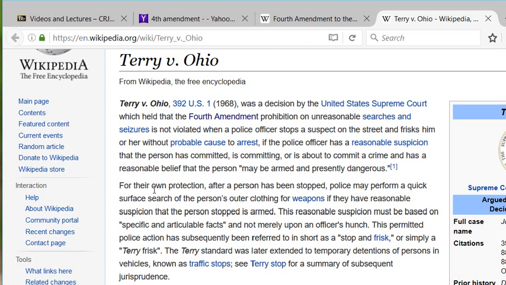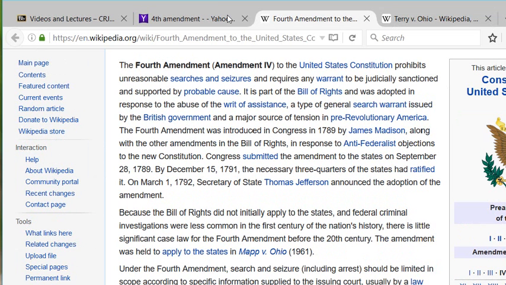So if you read all of this, this is the Supreme Court's decision in the case of Terry versus Ohio, which is 392 U.S. 1 from 1968. So this is the case. This is the decision. What this does is this is now case law attached to the Fourth Amendment, which is statutory law.